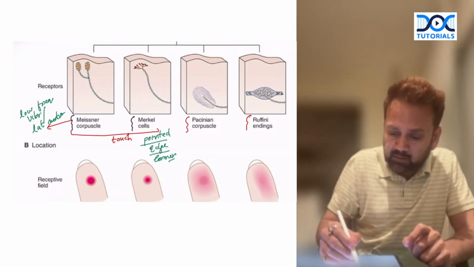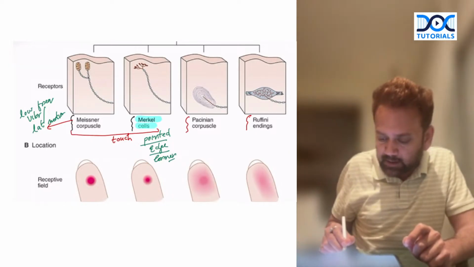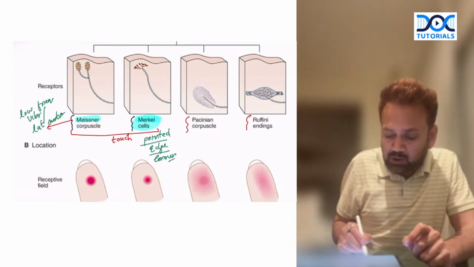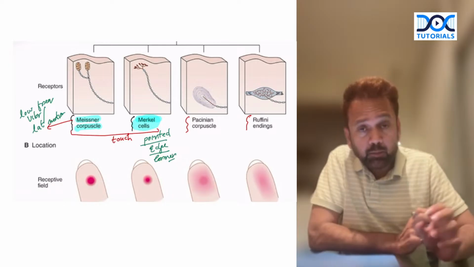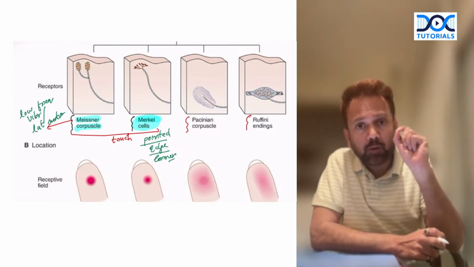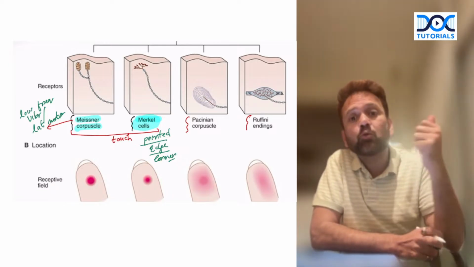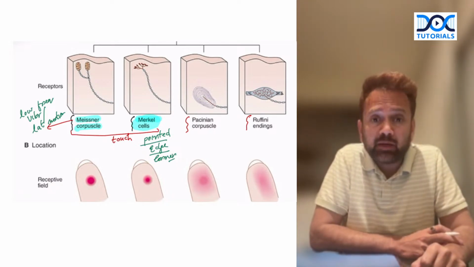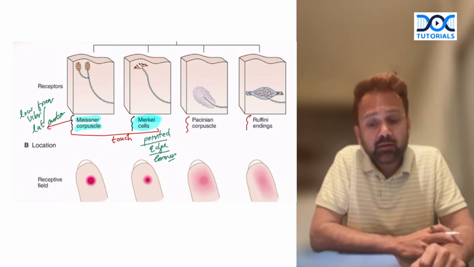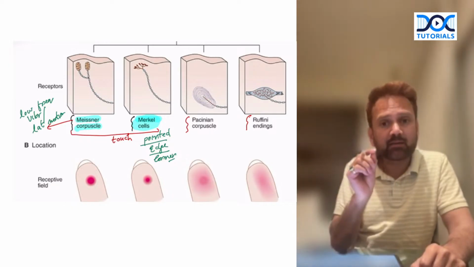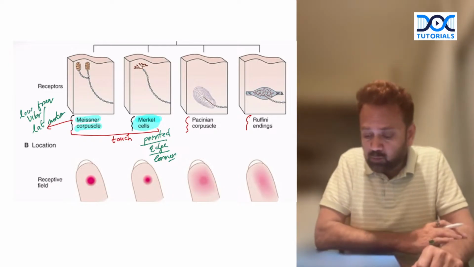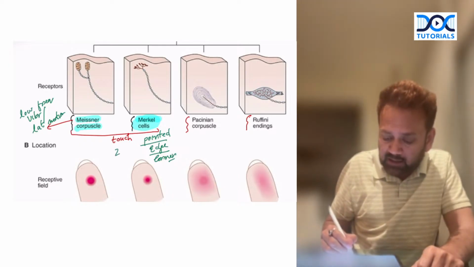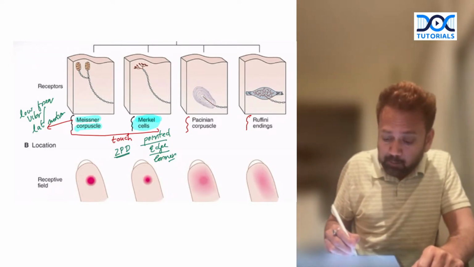The answer is the Merkel cell. So Meissner's corpuscles and Merkel cells are both for touch, but Meissner's are for lateral motion or slow frequency vibration, and Merkel discs are for pointed objects like edges and corners. They are also responsible for two point discrimination, as well as the braille technique.